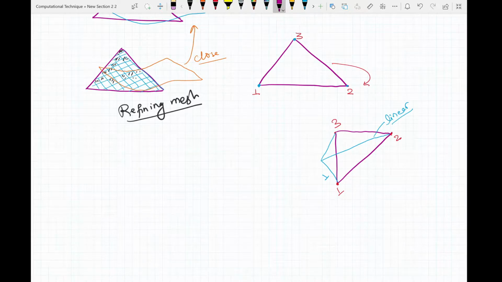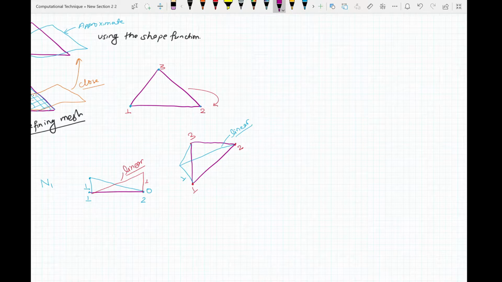In the bar element, you had a degree of freedom here for node 1 and node 2, and when you obtain the shape functions for n1, it looks something like that's 1, that's 0. And the shape function for n2 will be something like this. So this is linear.